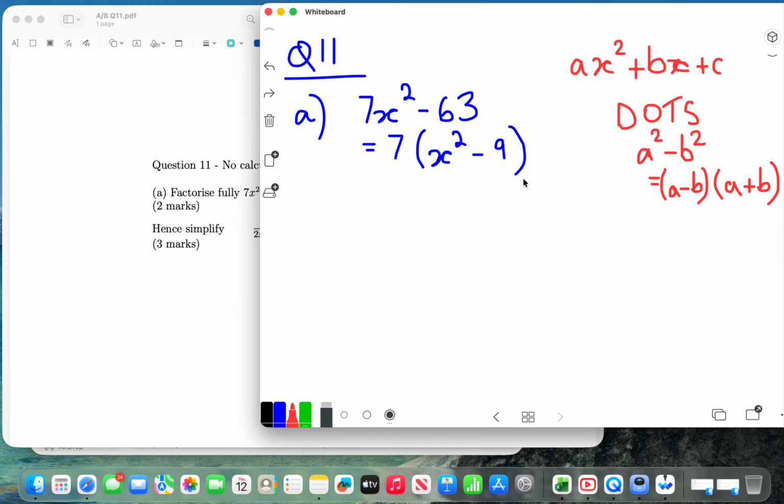Well, if you take x squared, a can be x and b could be 3 because 3 squared is 9. Now technically minus 3 squared is 9, but we're just going to deal with the positive.